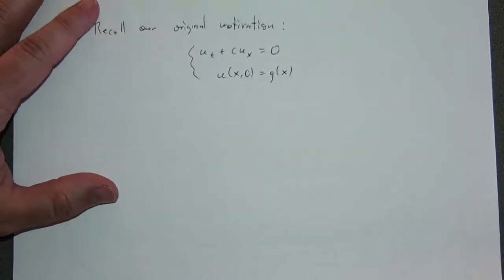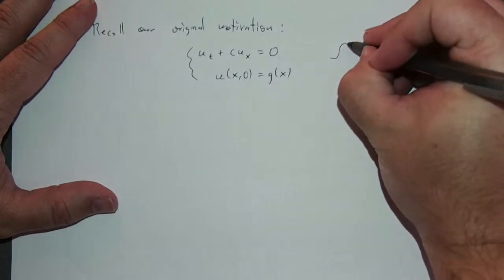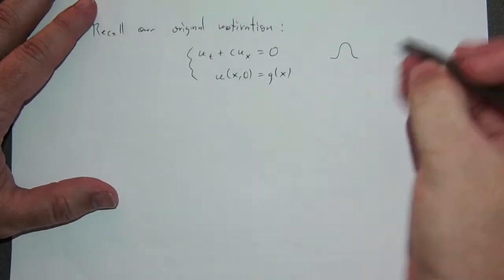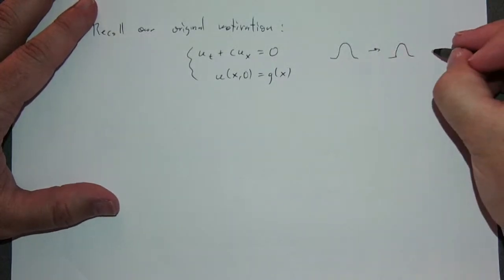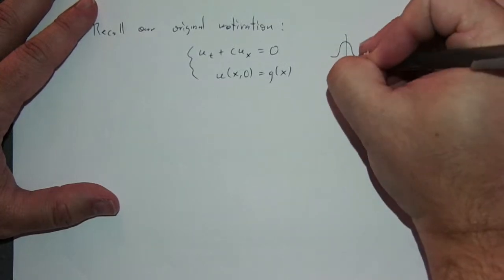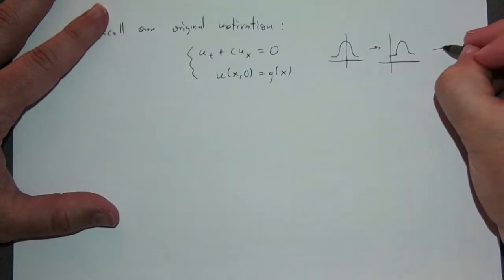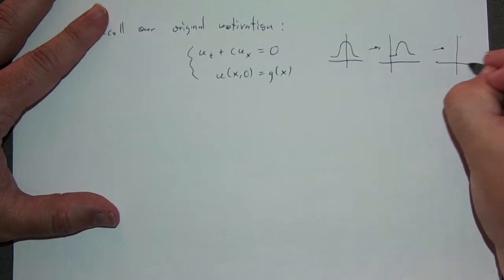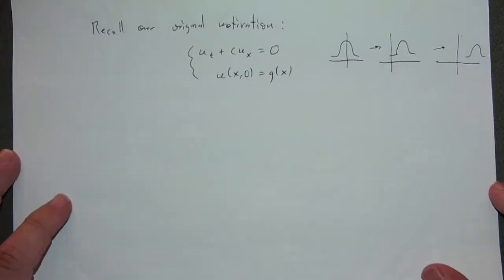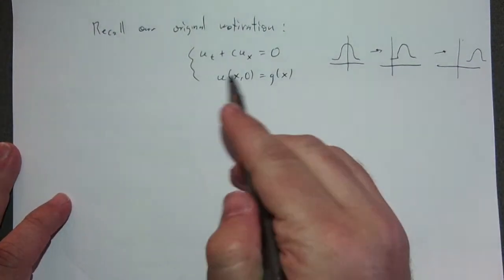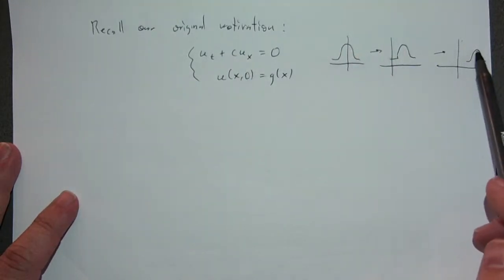And of course we saw that if we thought about this as a signal or a blip, we had some initial shape of this signal, and it propagated to the right at constant speed in this case, without altering the shape of this thing.